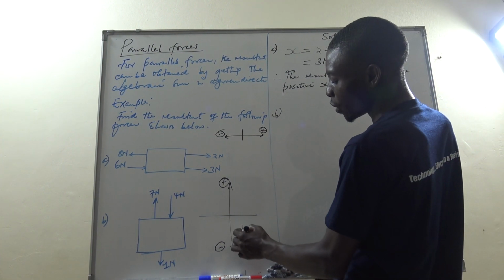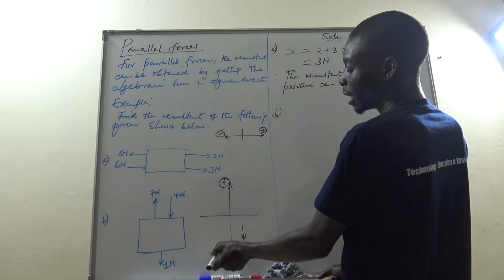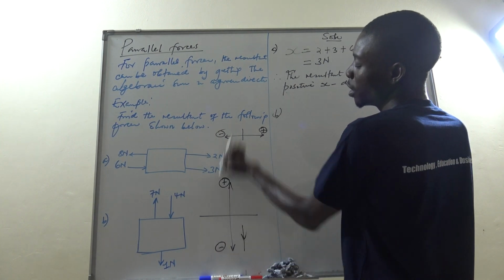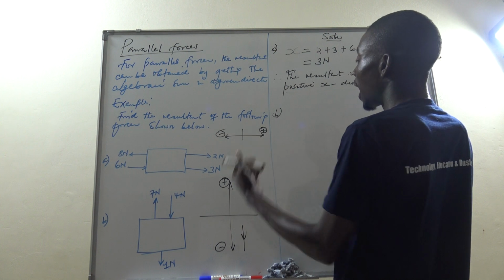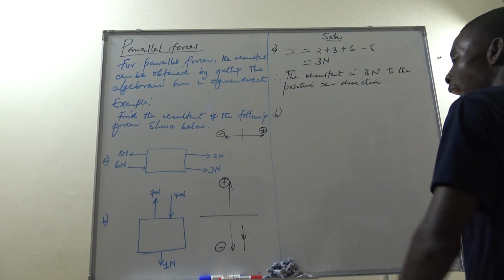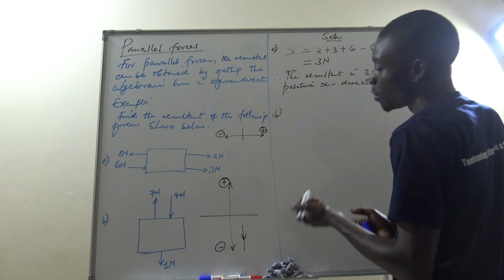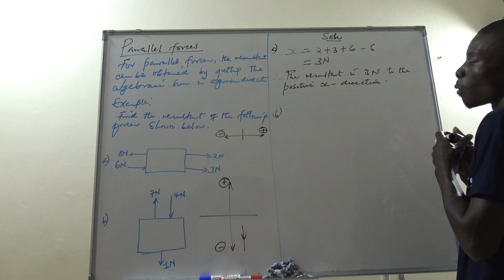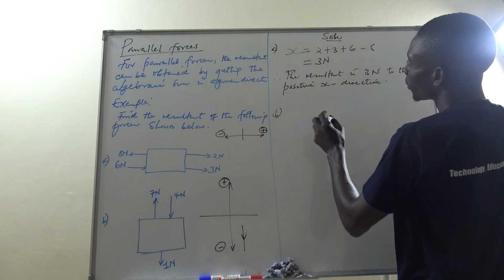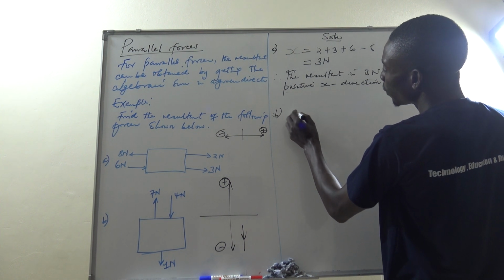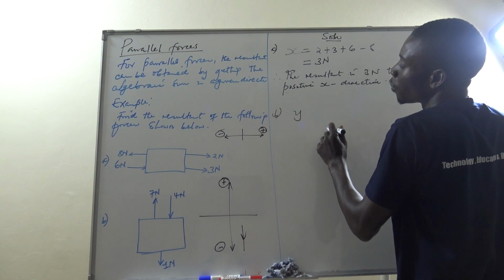If a force is moving down, we shall take it as negative, and if a force is moving up, we shall take it as positive. Our convention is that the vertical direction we represent using y. It's just a convention. So if we look at forces in y, you say summation of forces in y.